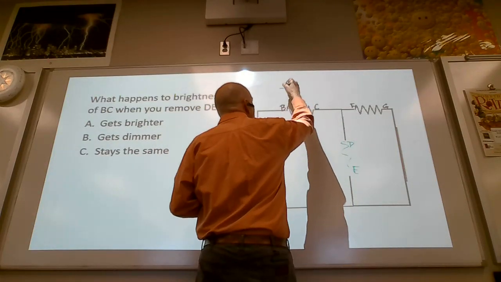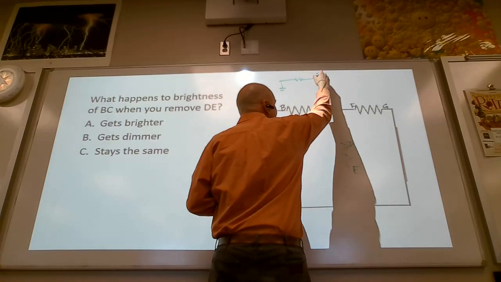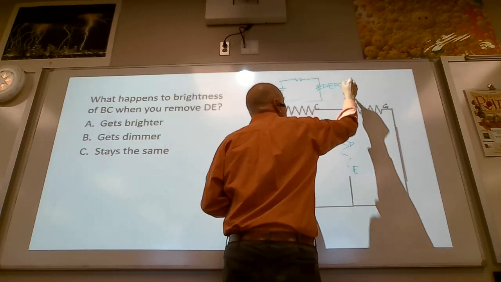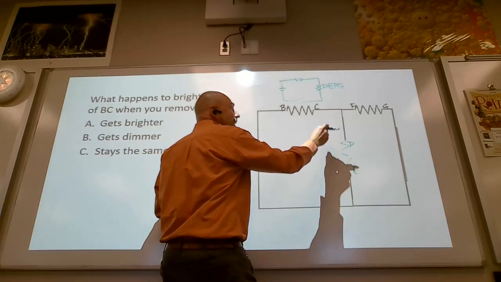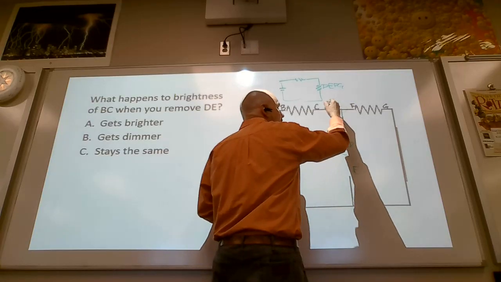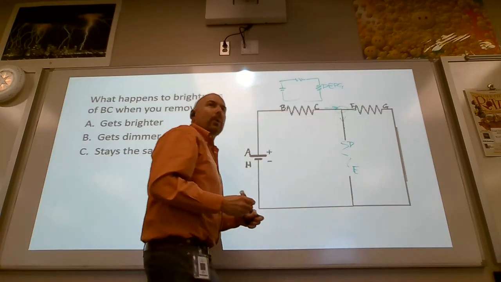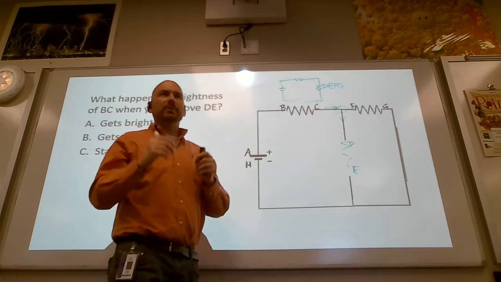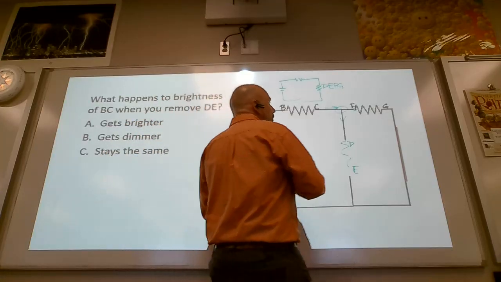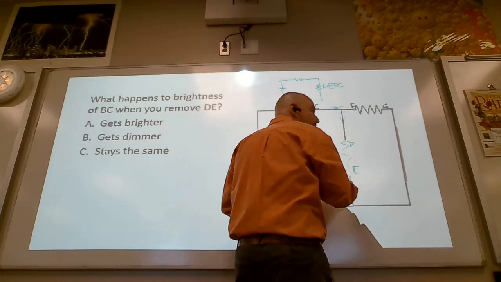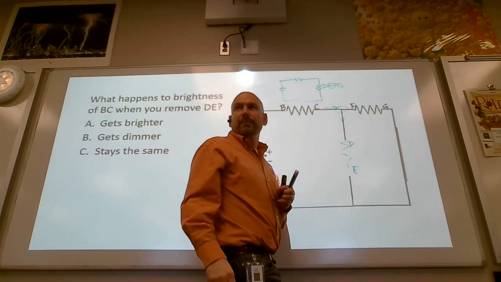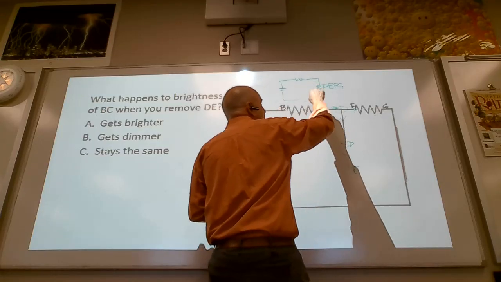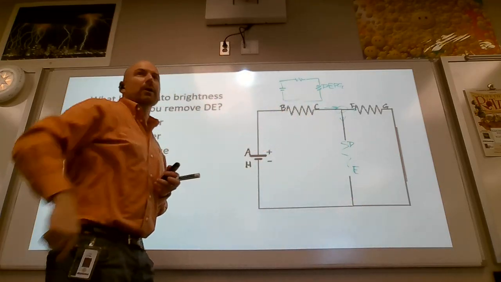So if I was to simplify the circuit, it would be BC and then D, E, F, G. If I take away DE, that takes away a branch of parallel. When there's a junction and current has a choice, that screams parallel. Okay? When I get rid of this, I just got rid of a checkout line at Walmart. I increased the resistance, therefore the total resistance increased, the total current goes down.